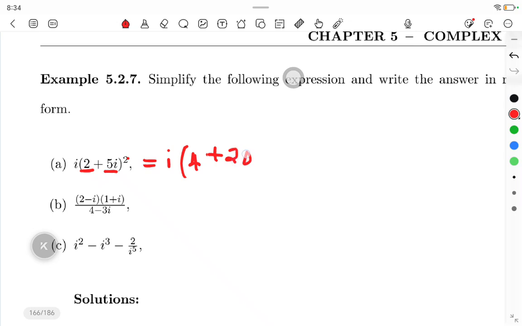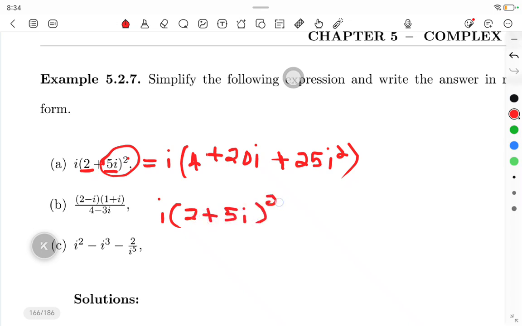So what I do here, mostly for me to write this fast, right? First thing that I do, I take this squared, which is going to be 2 squared plus, and then you take this squared, which should just be 5i squared.